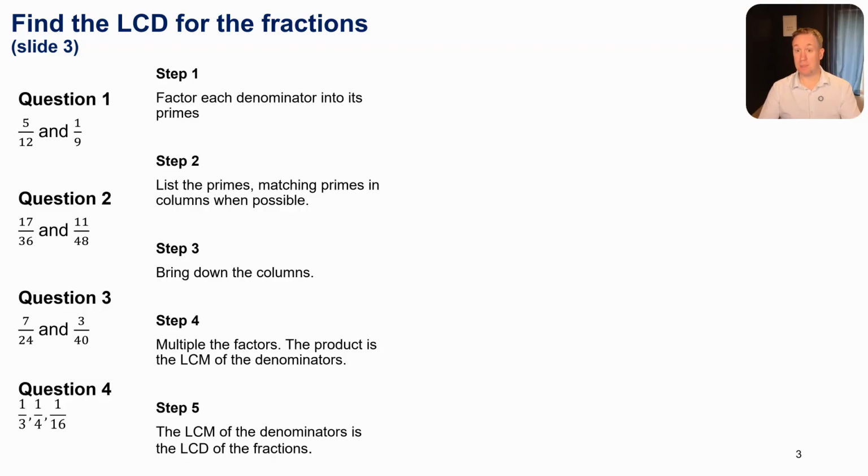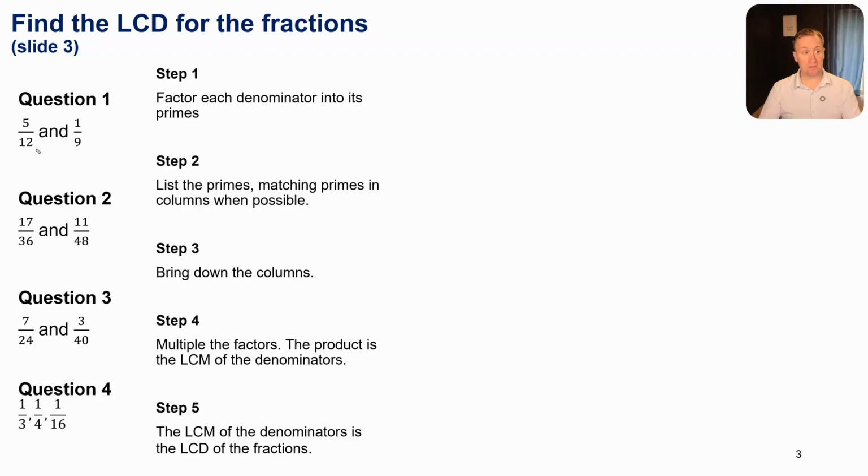But the prime factorization method is a bit more robust and it works best when the numbers get quite large. So for question 1, I will show both methods. But for questions 2, 3, and 4, I will use the prime factorization method because this is really a skill that will be useful as you get into higher level math.